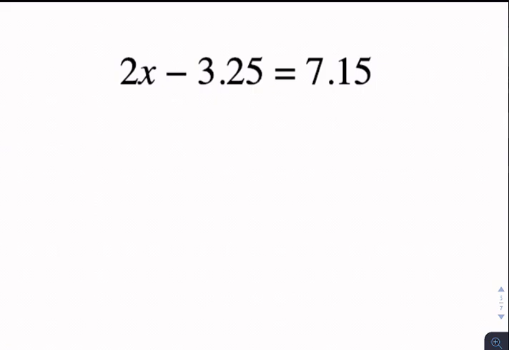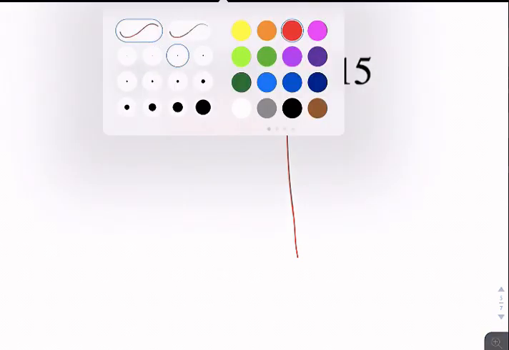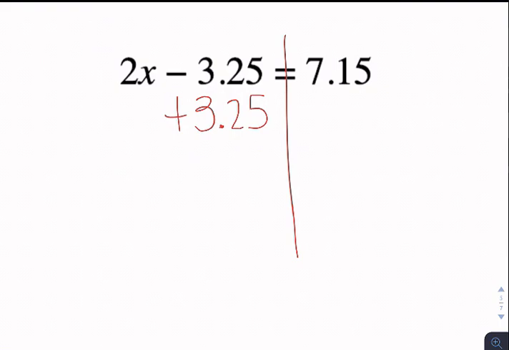So this goes out to the hundredths place, this goes out to the hundredths place. Ooh, but I forgot. I'm going to do it the regular way first, without decimal busters. So I want to get x all by itself, so I'm going to add 3 and 25 hundredths to both sides, lining up my decimals.